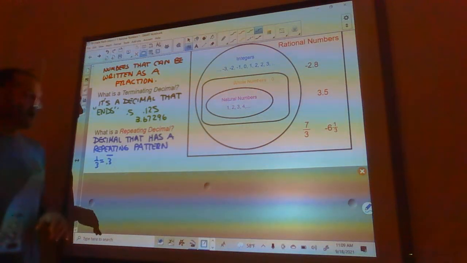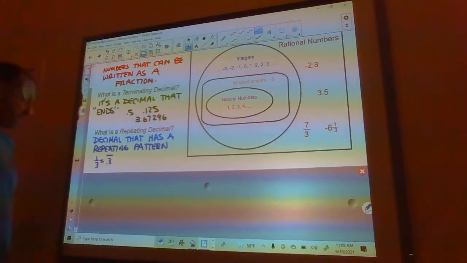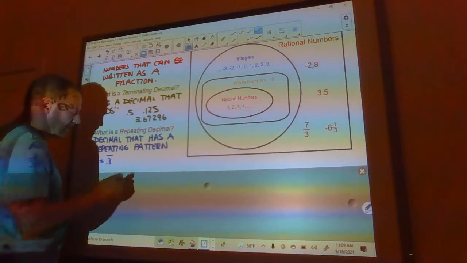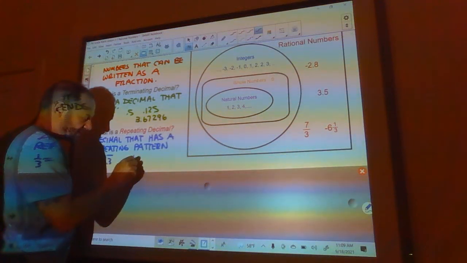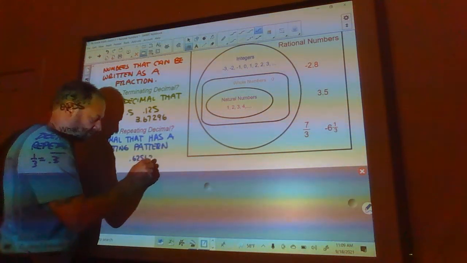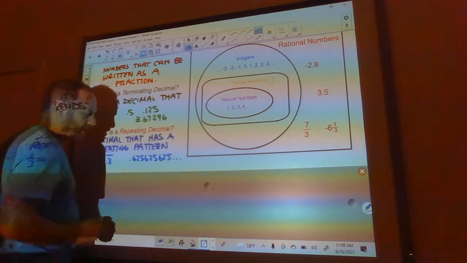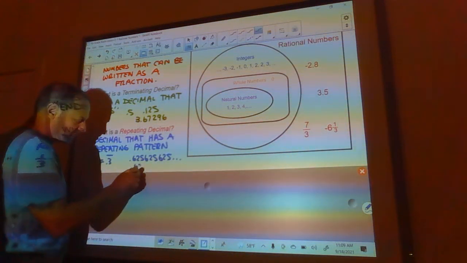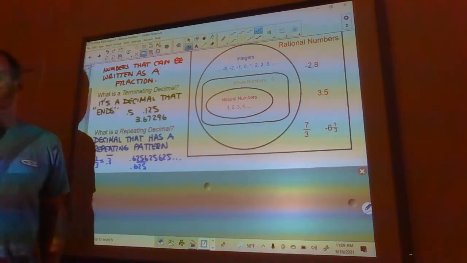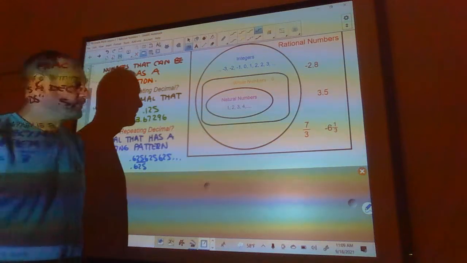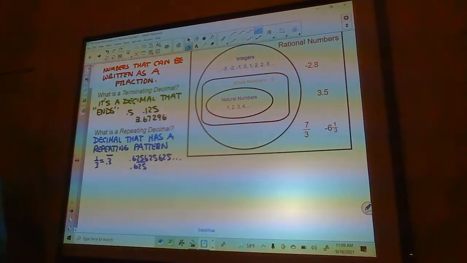Okay? It just goes on forever. You can't really write it down. Okay? If I had 0.625, if that just kept repeating, okay, so I could write it as 0.625 with a bar over it like that, that is a repeating decimal. There has to be a pattern to it.